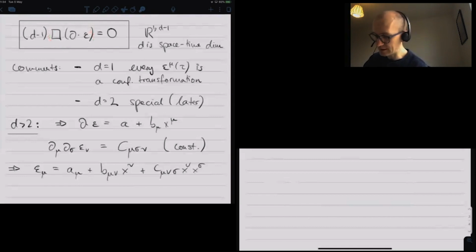The most general thing with 1 index is a_mu, plus, leaving 1 index over, b_{mu nu} x^nu, the linear term in x. Then there's a term quadratic in the x's, which I call c_{mu nu sigma} x^nu x^sigma, where c is defined by the fact that if I take 2 derivatives, I get these constants. So this is our most general solution ansatz.